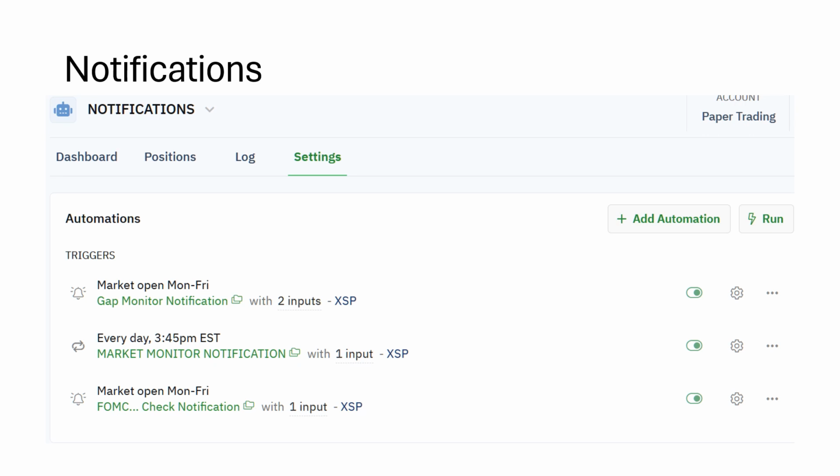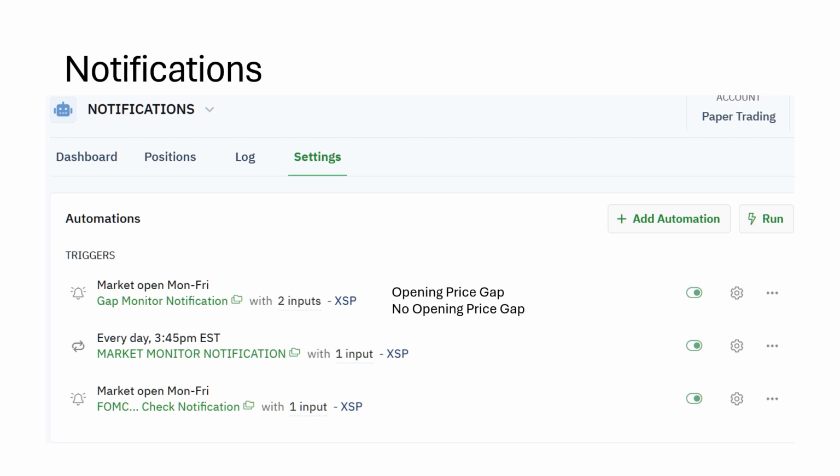The second new bot is notifications. We look at a number of things about the market as the day goes by and as they affect different aspects of our investments. This bot simply notifies us of the status of each of these. Gap Monitor notification tells us when the underlying asset has opened more than 1% above or below where it closed yesterday.